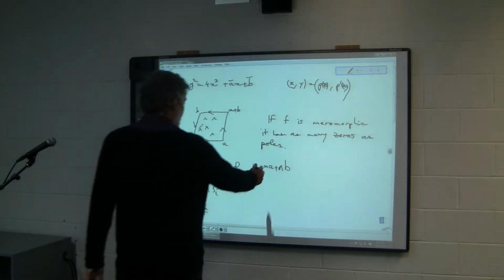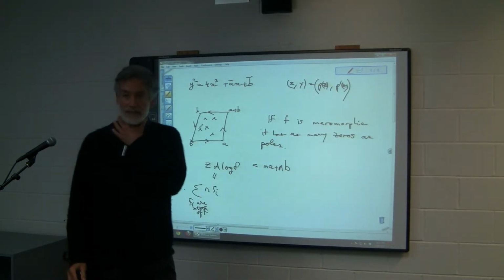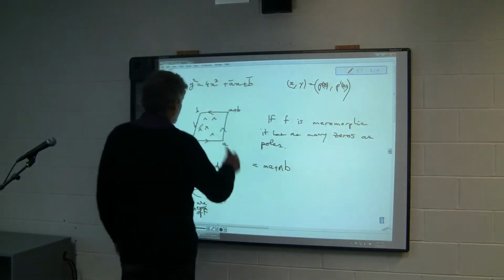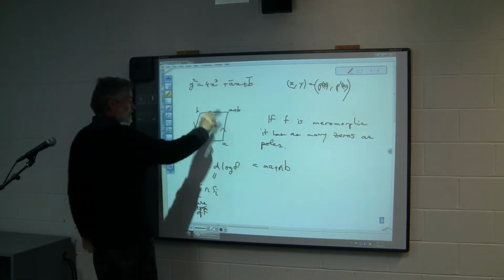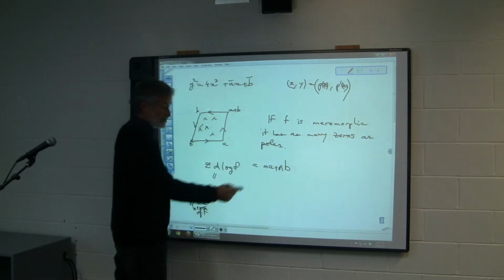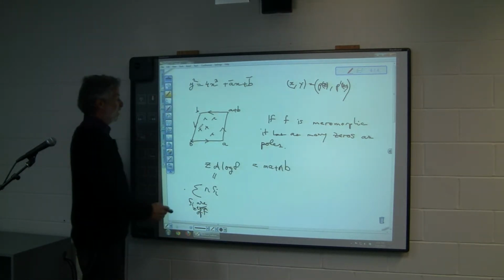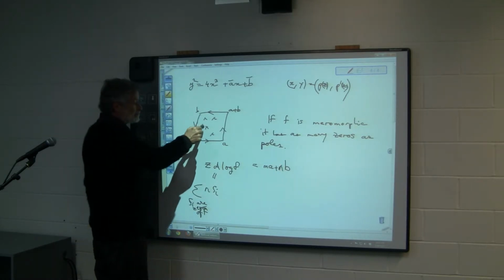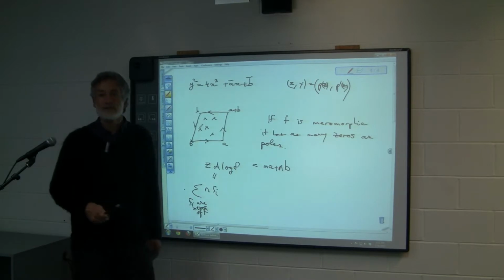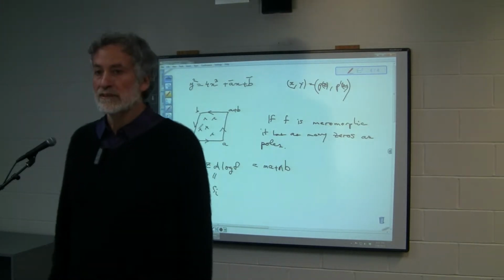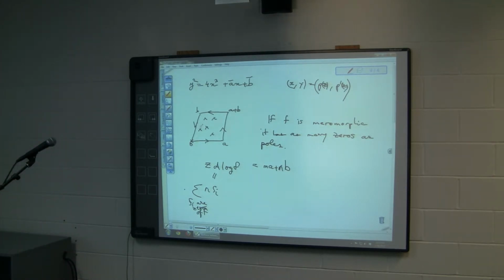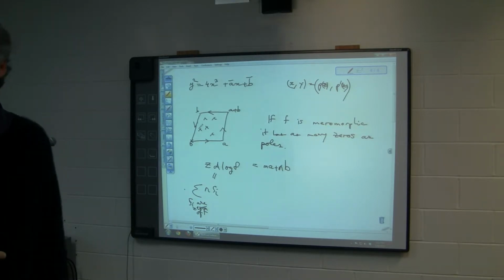The sum is of the form ma plus nb. I assert that the sum on the other side is precisely the sum of all of these points in the group law, with multiplicity. So if the 0 has order n, then you count the point n times. And if it's a pole, you count it minus n times.